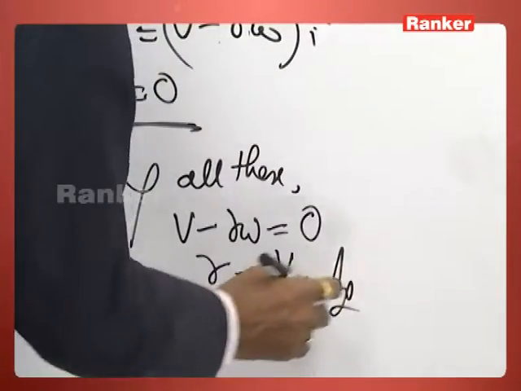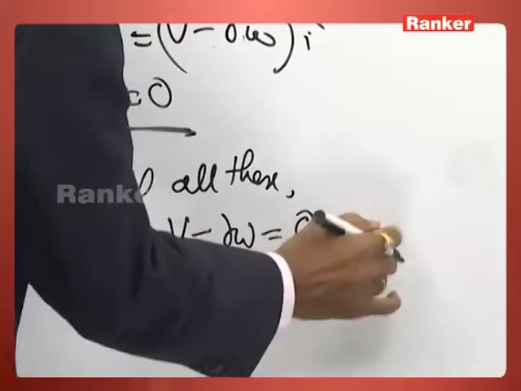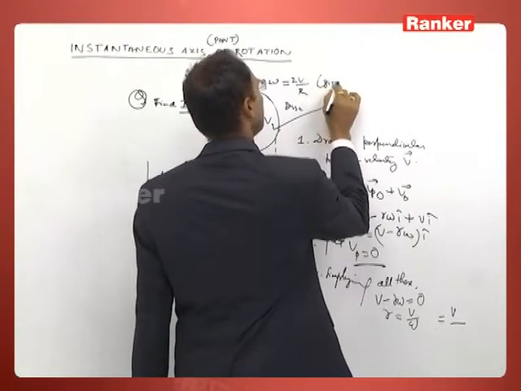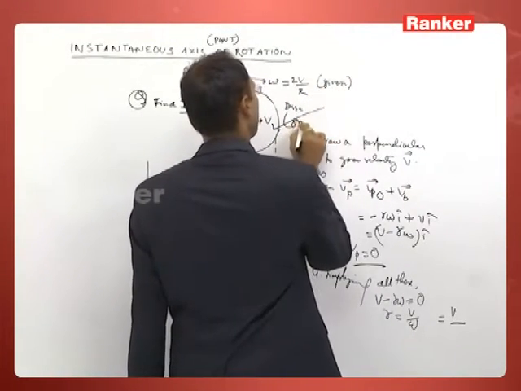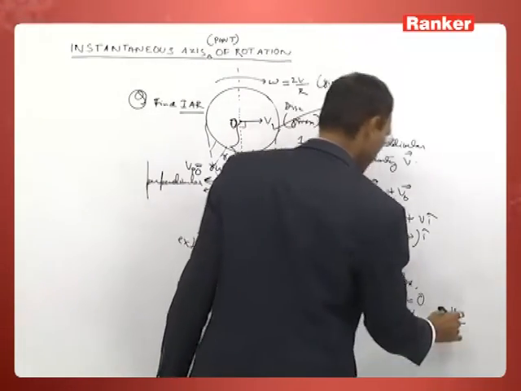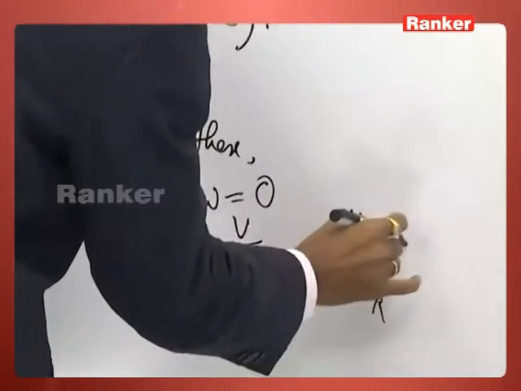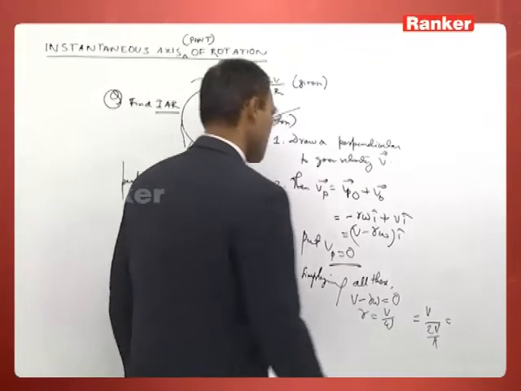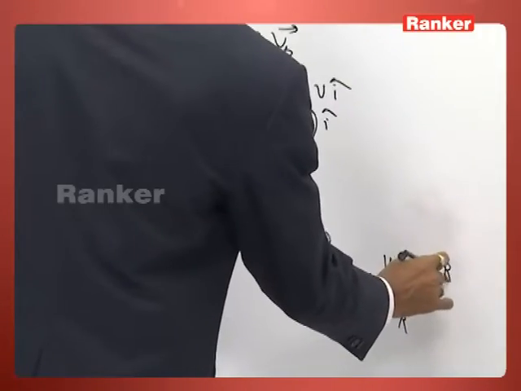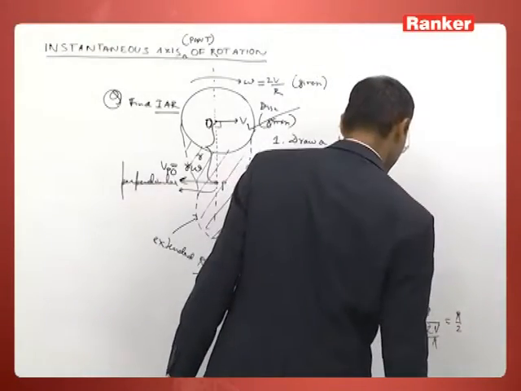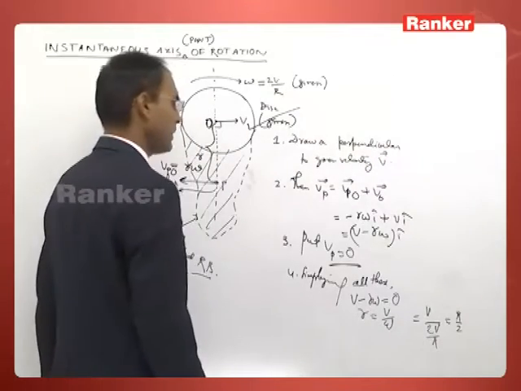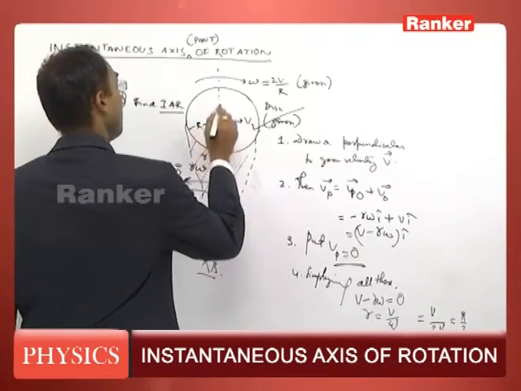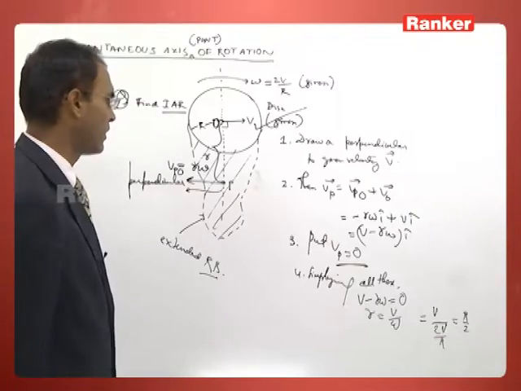If V is given as V, omega is given as 2V by r. So we are getting r equal to capital R by 2. Capital R is the radius of the disk.